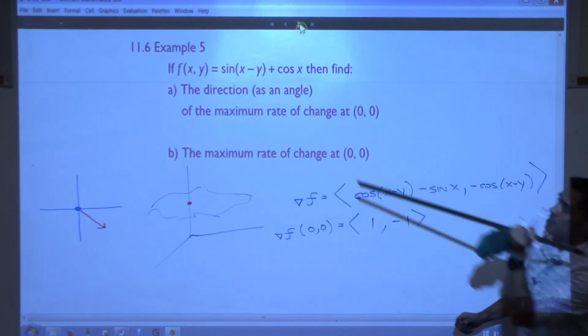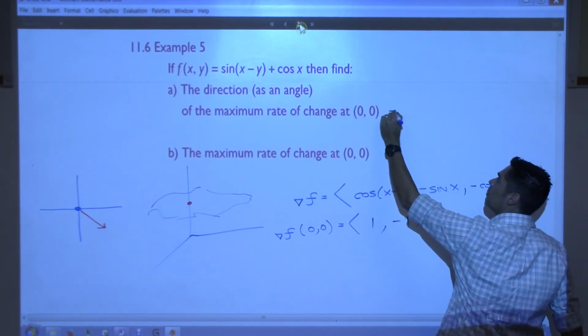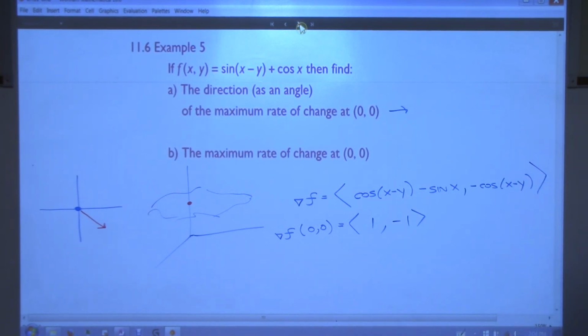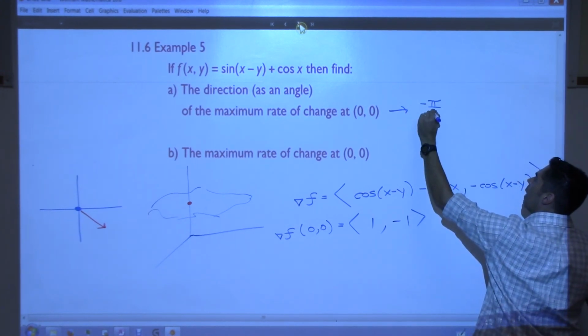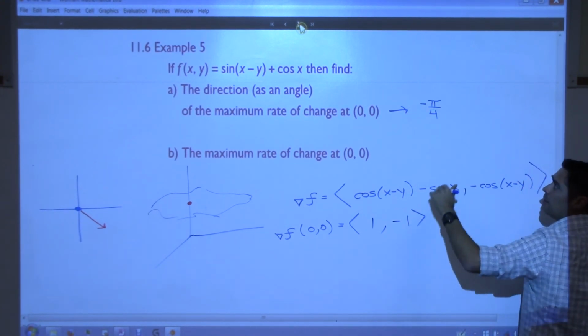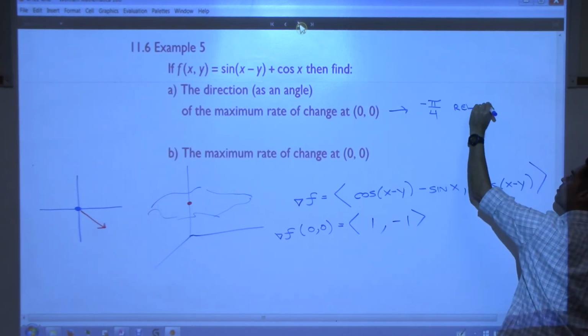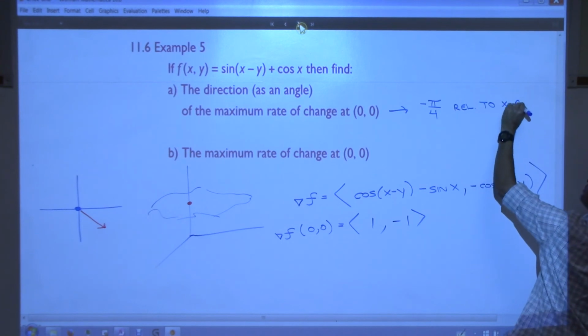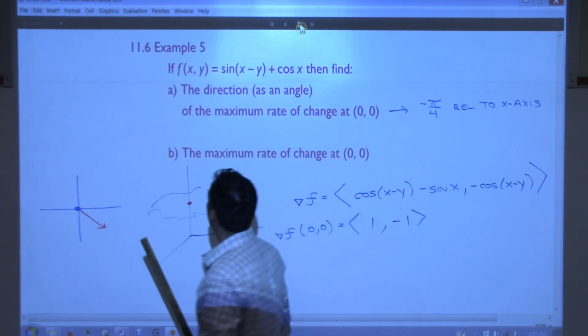I wanted it, though, as an angle, not as a vector. So what is that as an angle? To answer this question, you say negative 45 degrees, as an angle, not the point that you're at, relative to the x-axis. That's the angle I should point.